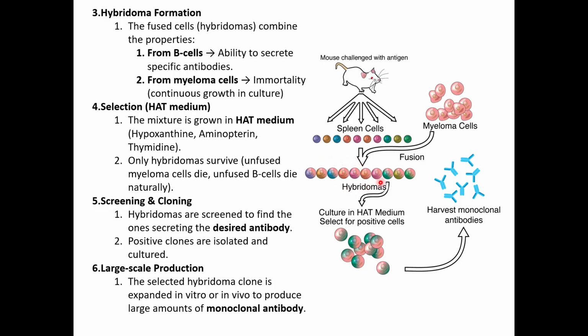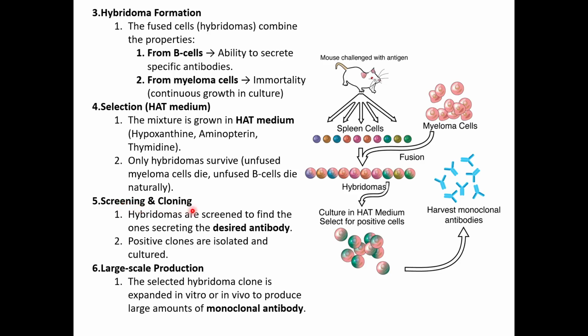You need only the hybridoma cells. To do that, we use something called HAT medium. The mixture is grown in HAT medium, which is hypoxanthine, aminopterin, and thymidine medium. In this medium, only the hybridomas will survive, and the unfused myeloma cells will die. The unfused B cells, because they are naturally short-lived, will also die.